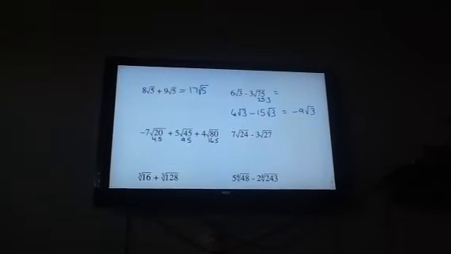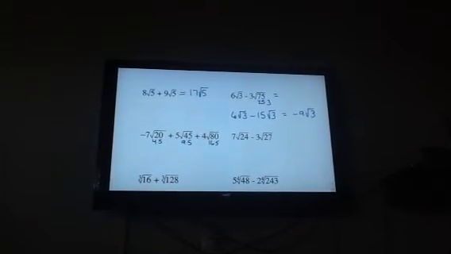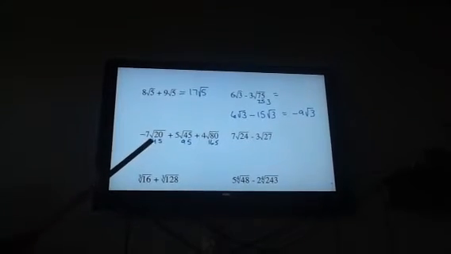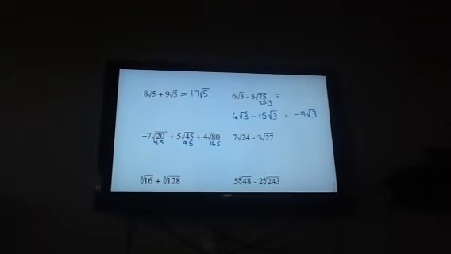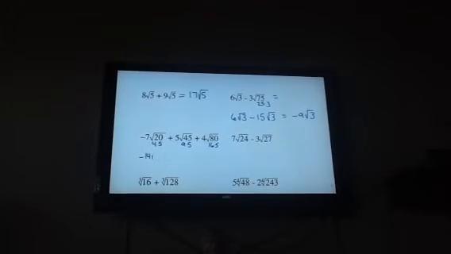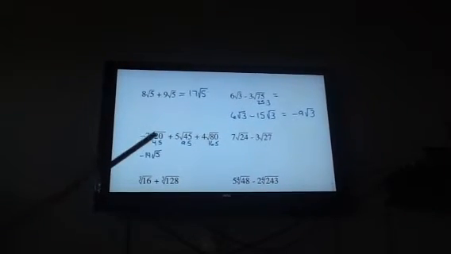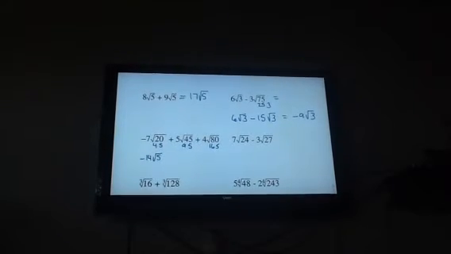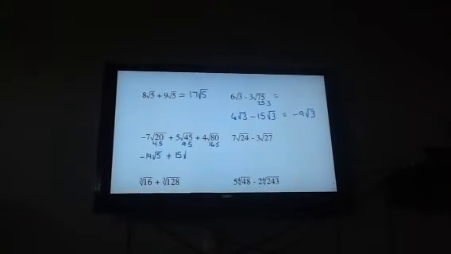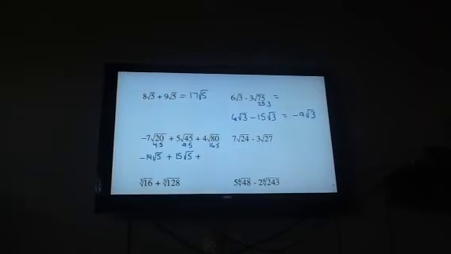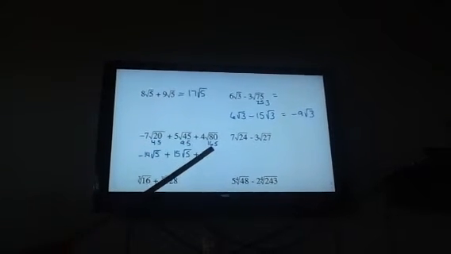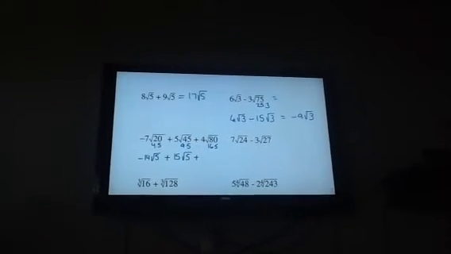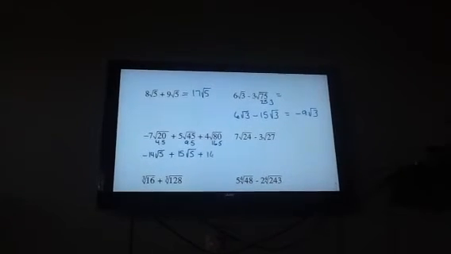So on the first term, the square root of 4 is 2, times my 7 is negative 14 square root 5. The square root of 9 is 3, times my 5 is 15 square root 5. And then the square root of 16 is 4, times my 4 is 16 square root 5.